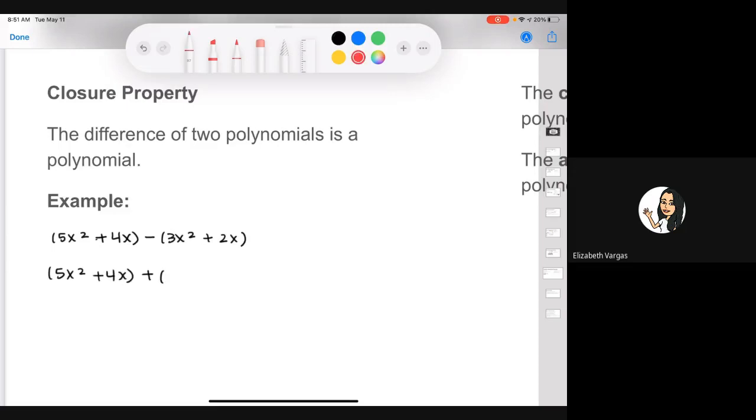So that means changing these signs. And then I can go ahead and add my like terms. 5x cubed plus 3x cubed, 4x plus negative 2x. 5x cubed plus negative 3x cubed is negative 2x cubed.